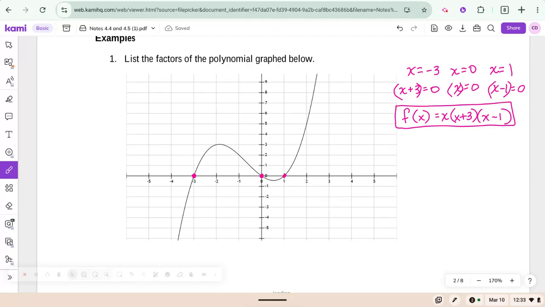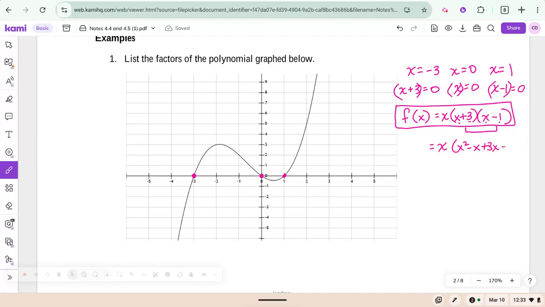I could multiply that all out if I wanted to and get this in standard form. It didn't ask me to do that, but just so you see, if I multiply these two binomials together, I'll just let the x hang out for a while. I'll do x times x is x squared. x times -1 is -x. 3 times x is 3x.